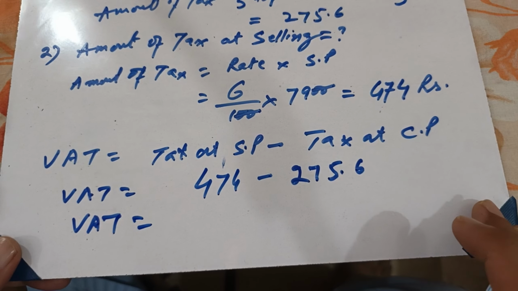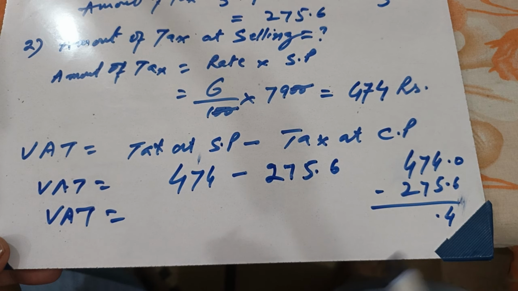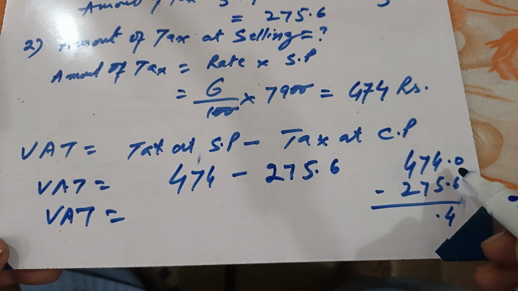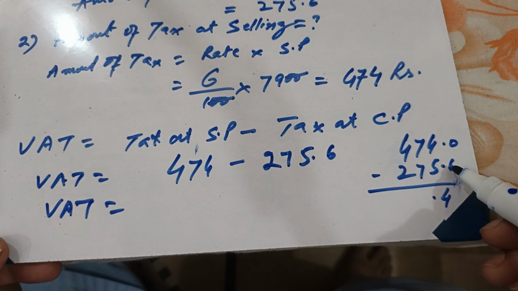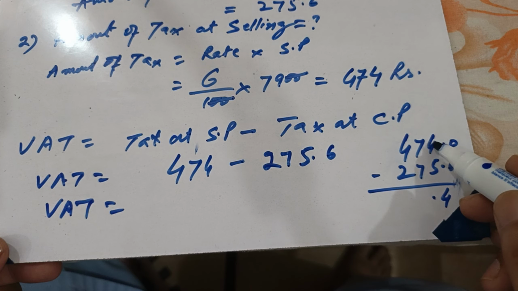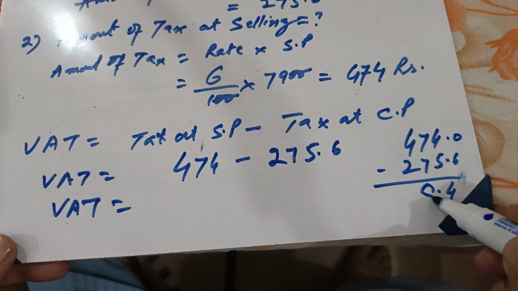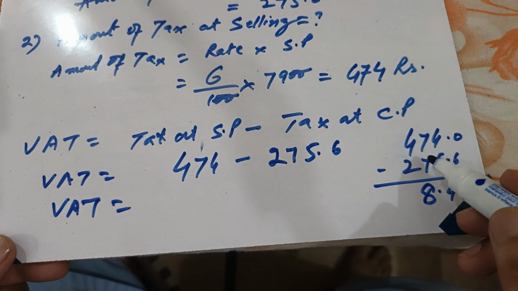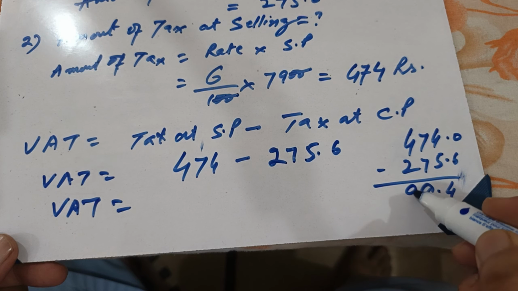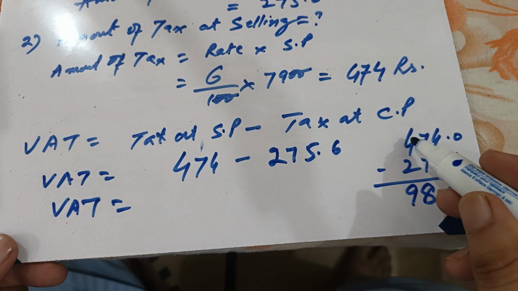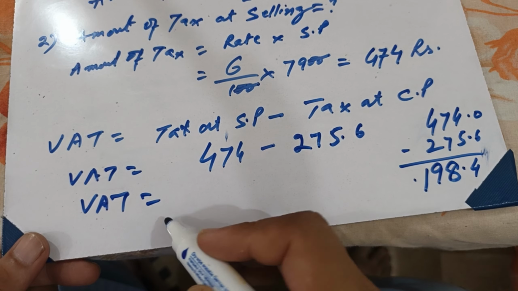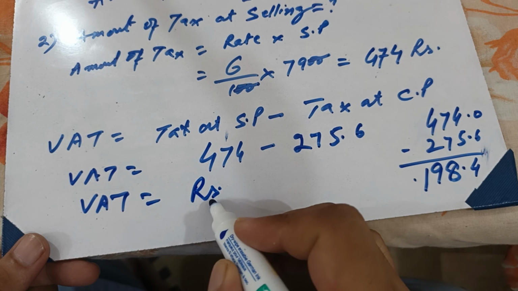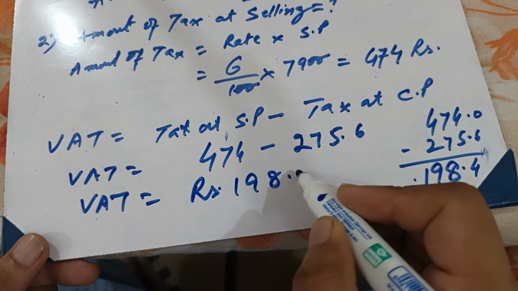If we subtract this from this, yes, I have written here 474 and 275.6. I am going to subtract. 10 minus 6 is 4, 13 minus 5 is 8, 16 minus 7 is 9, and 3 minus 2 is 1. So VAT is rupees 198.4.